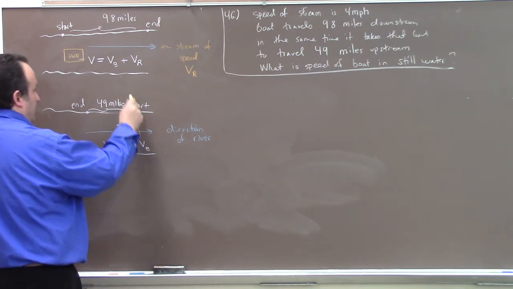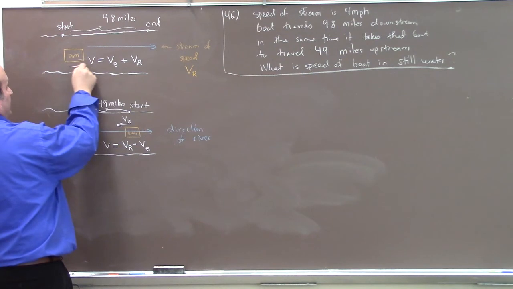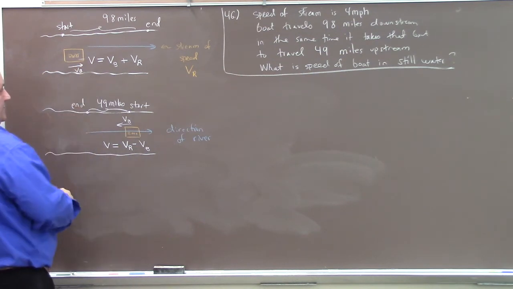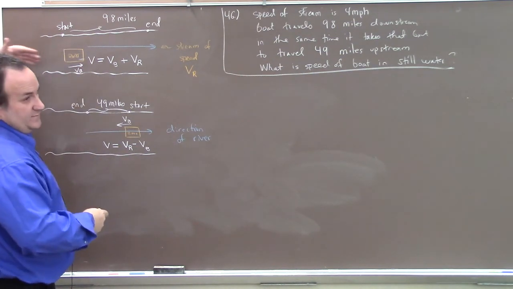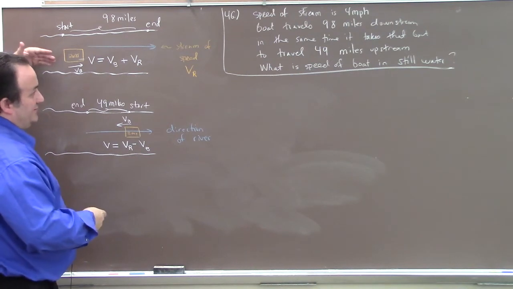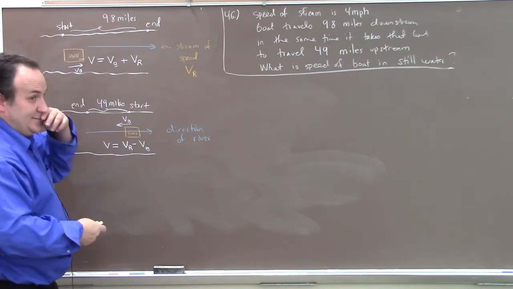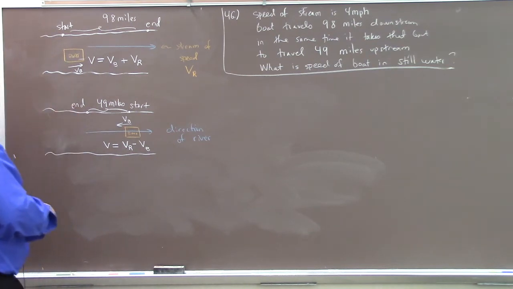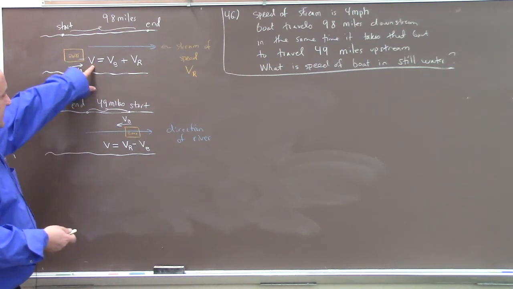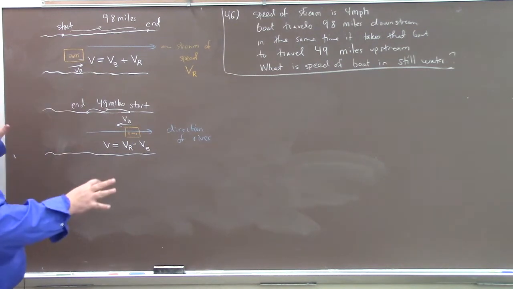When the boat's velocity relative to the water is in the same direction as the velocity of the water, they add. When they're opposite, they subtract. In both cases, this is the speed of the boat relative to the shoreline.